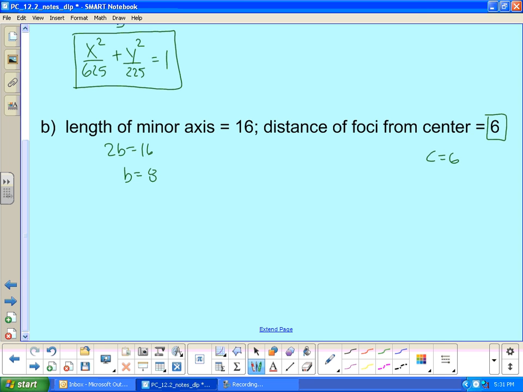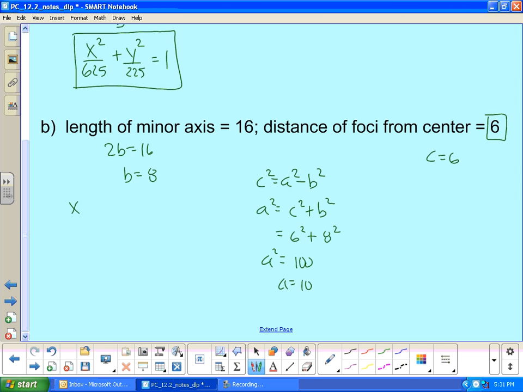So I can go ahead and set up that c squared is equal to a squared minus b squared. And we'll be looking in this case for A. So a squared would be equal to c squared plus b squared. 6 squared plus 8 squared, 100, A is equal to 10.